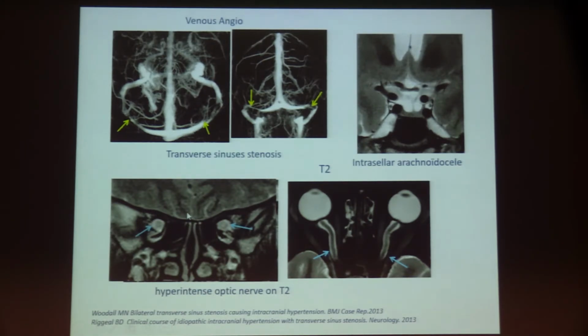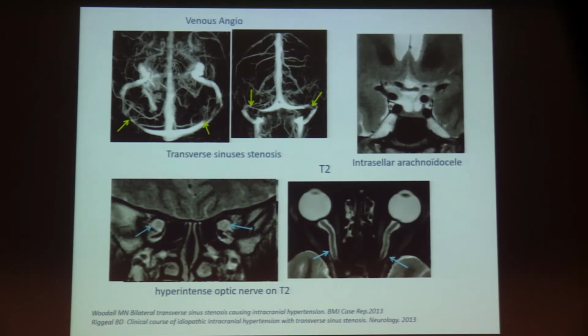And in the US, for example, where there are a lot of obese people, there is really a struggle against this disease, because it can destroy the vision.